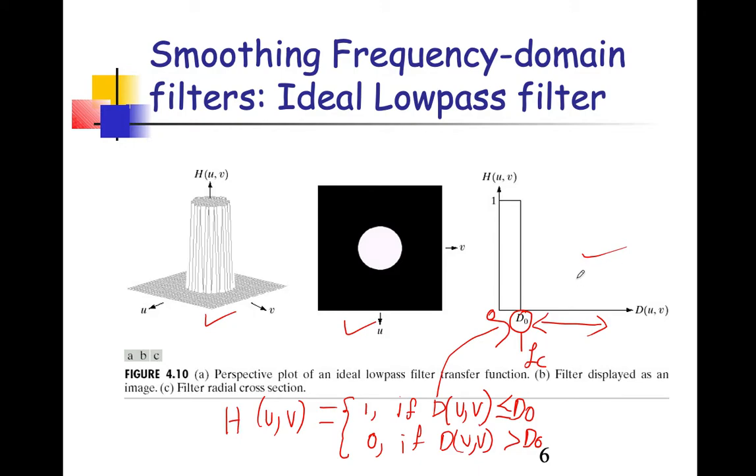As I told, it is the simplest filter used in the Fourier transformation function, and it cuts off all the higher frequency components of the Fourier transform that are at a distance greater than specified from the origin. So, this is your origin. This is about your ideal low pass filter.